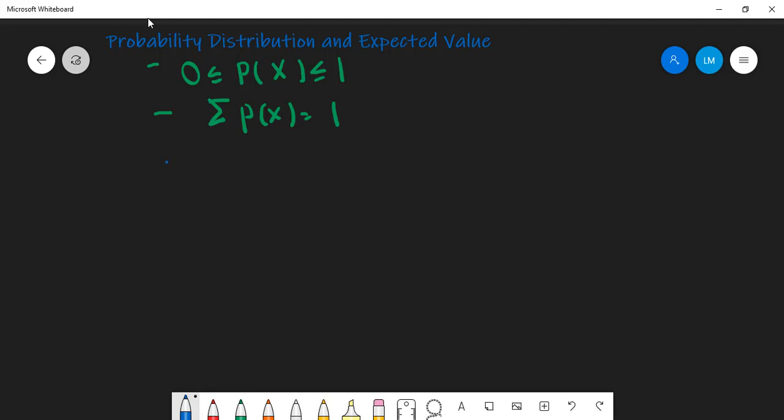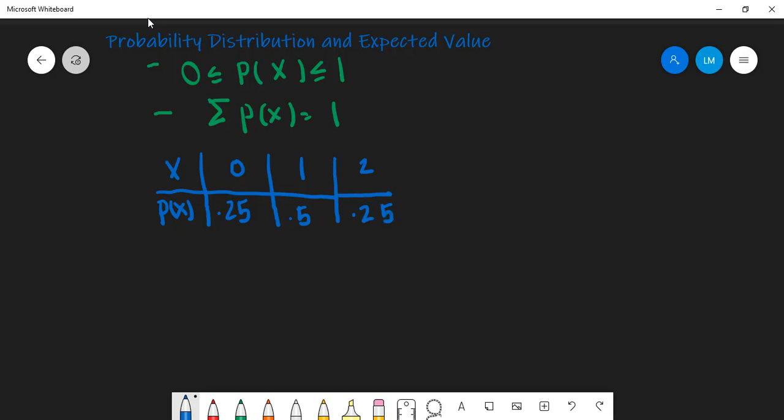So for example, let's say that we had a probability distribution where our random variables are 0, 1, and 2. Let's say this is going to be 0.25, this is going to be 0.5, and this is 0.25.